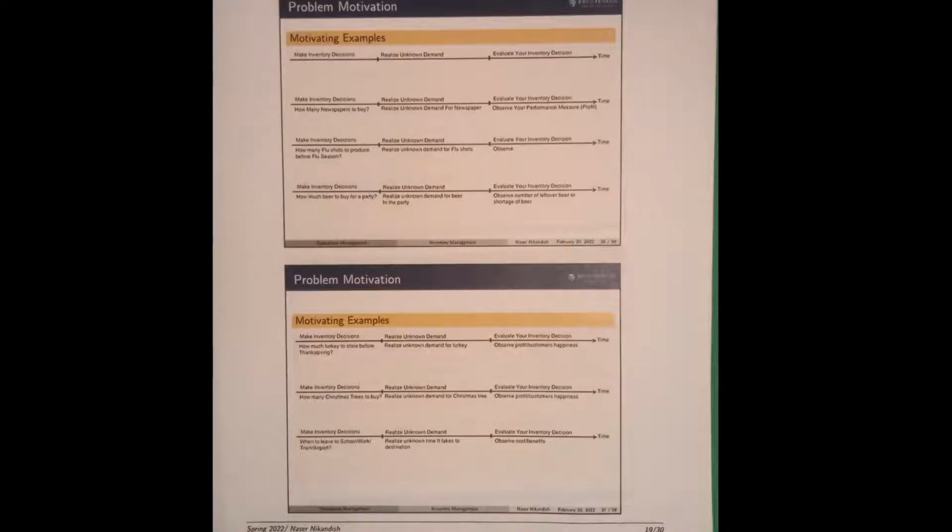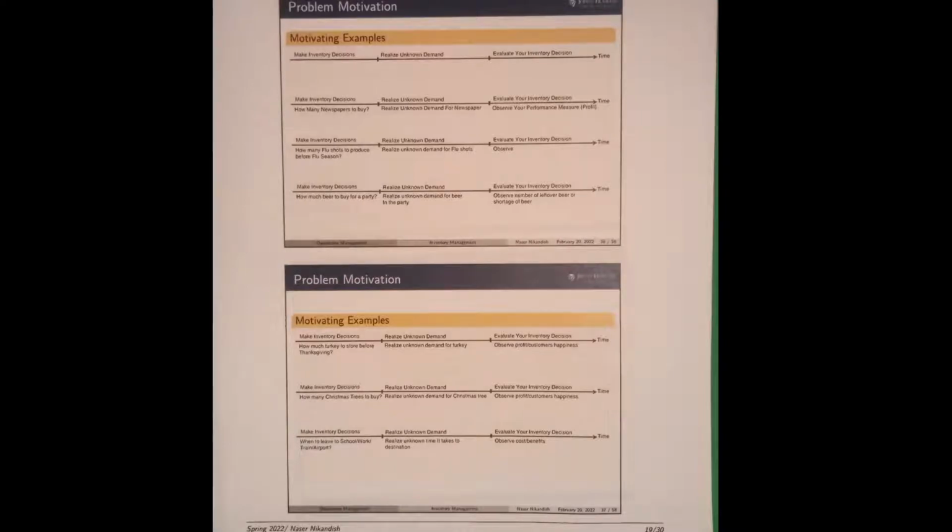All right, what are the situations where this kind of time frame shows up: making a decision, then realizing uncertain demand, then evaluating your decision? Pretty much everywhere in inventory decision making, this shows up. Because think about it, if I know demand before making the inventory decision, let me repeat myself, if I know demand before making the inventory decision, then there is no decision making.